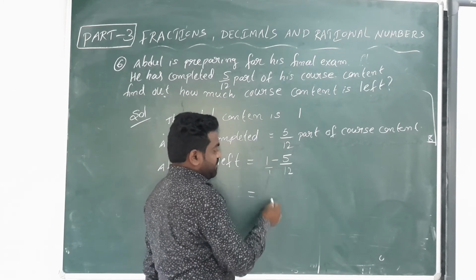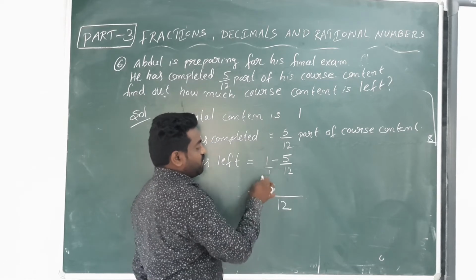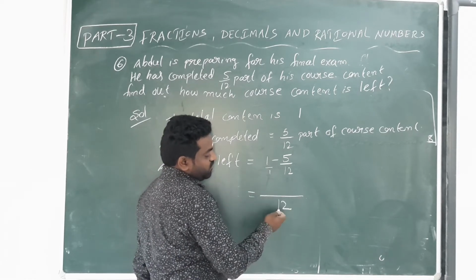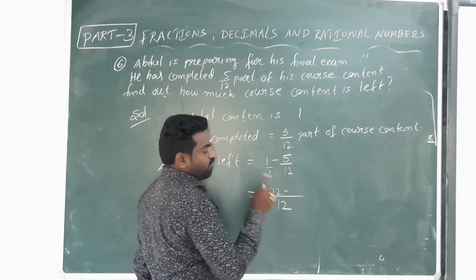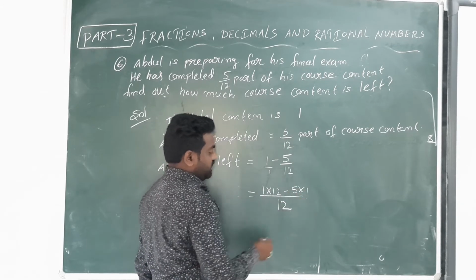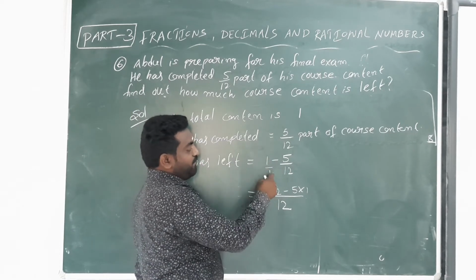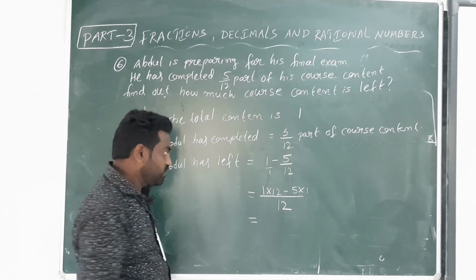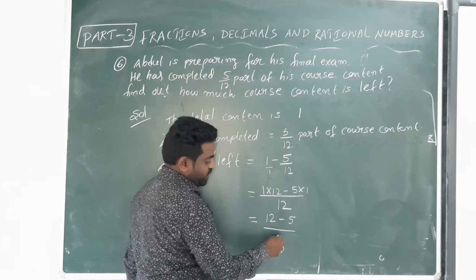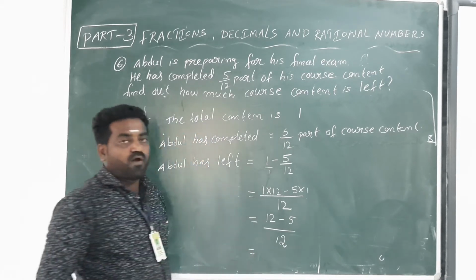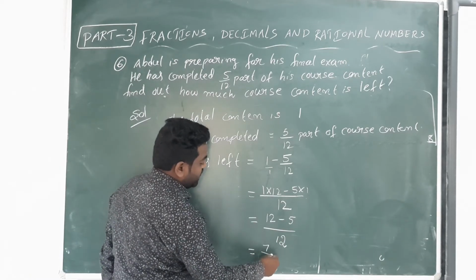Now take the LCM of 1 and 12, which is 12. 1 goes into 12 twelve times, so 1 into 12 minus 5 into 1, divided by 12. 1 12s are 12 minus 5 1s are 5, divided by 12. 12 minus 5 means 7/12.